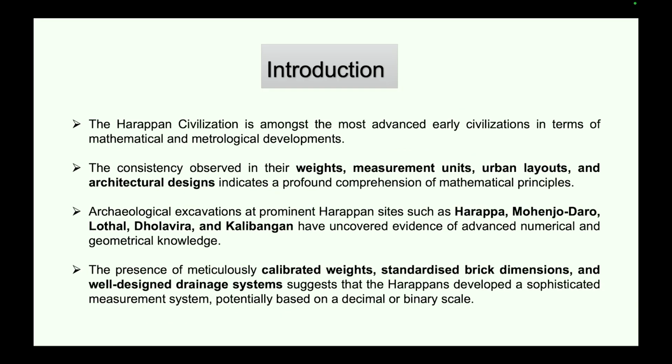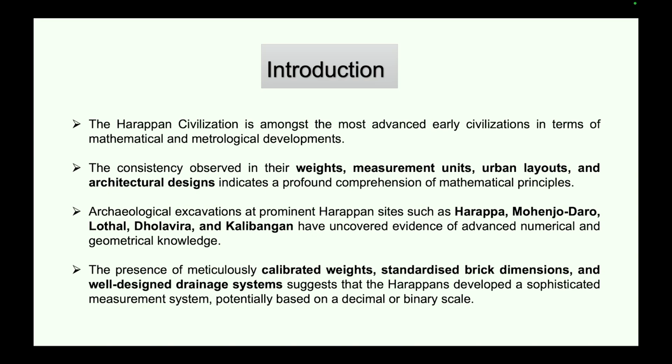The Harappan civilization is amongst the most advanced early civilizations in terms of mathematical and metrological developments. The consistency observed in their weights, measurement units, urban layouts, and architectural design indicates a profound comprehension of mathematical principles.